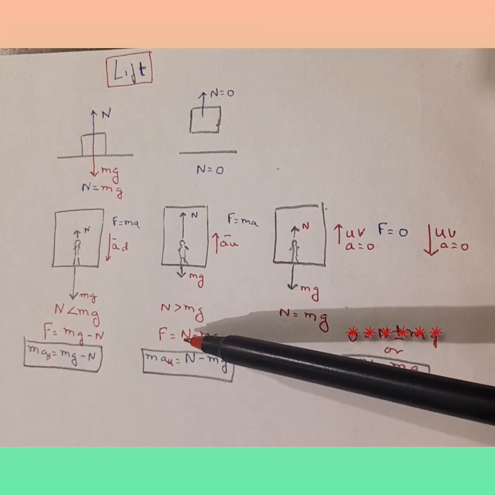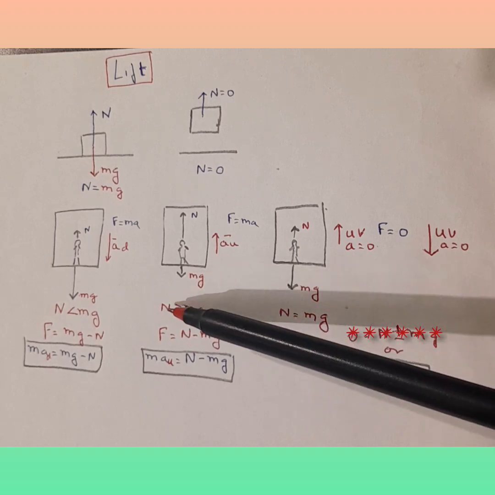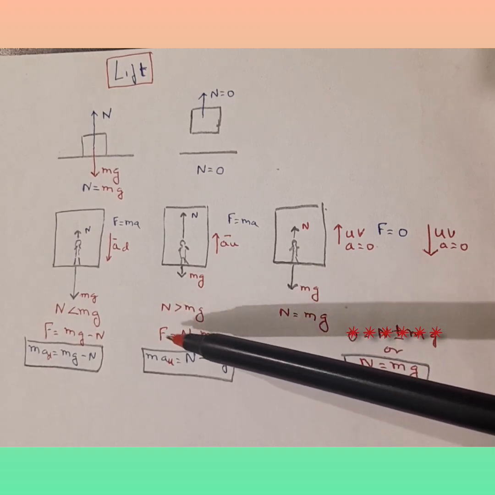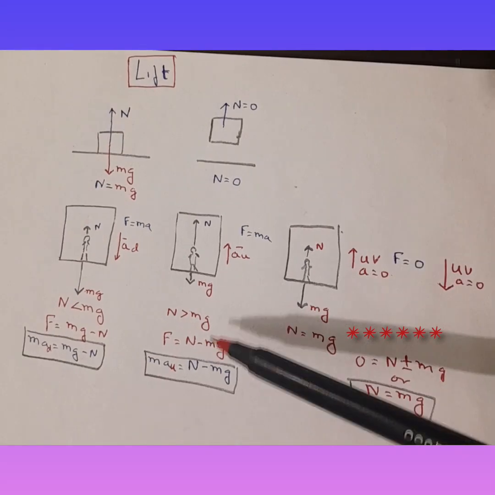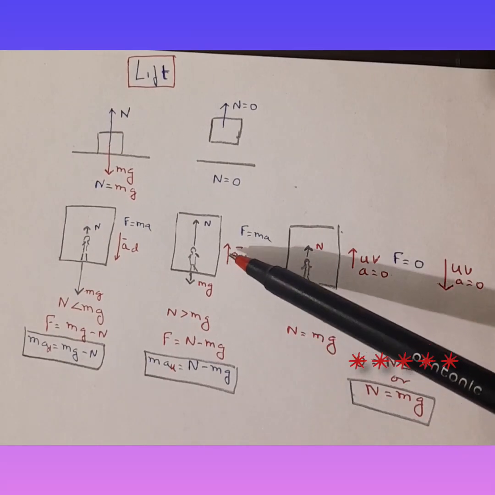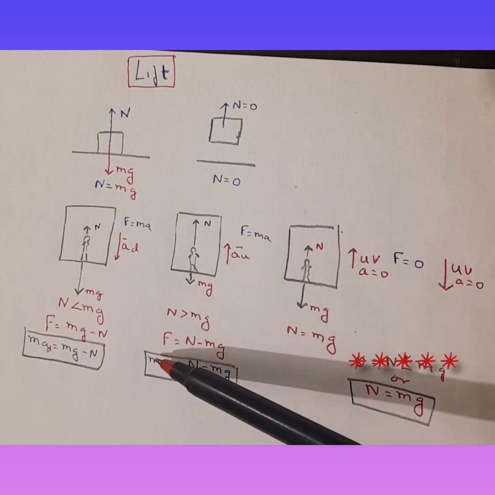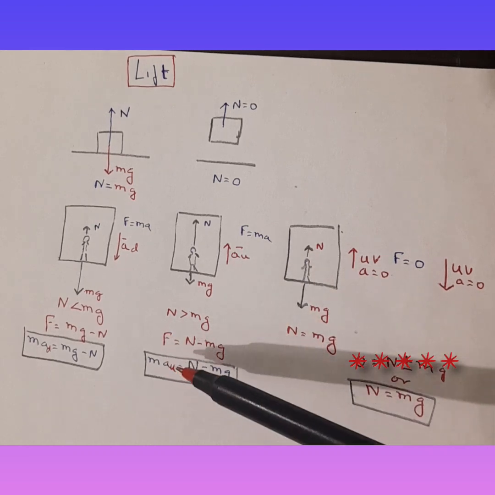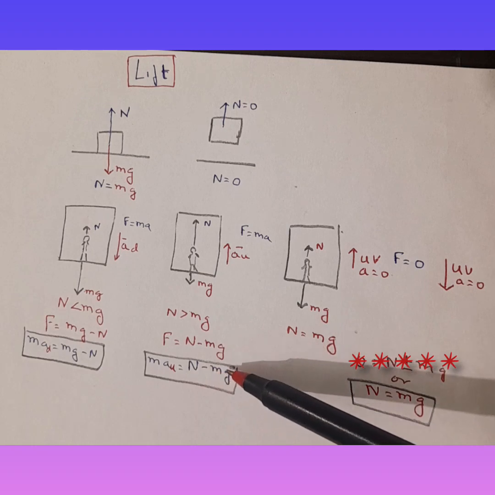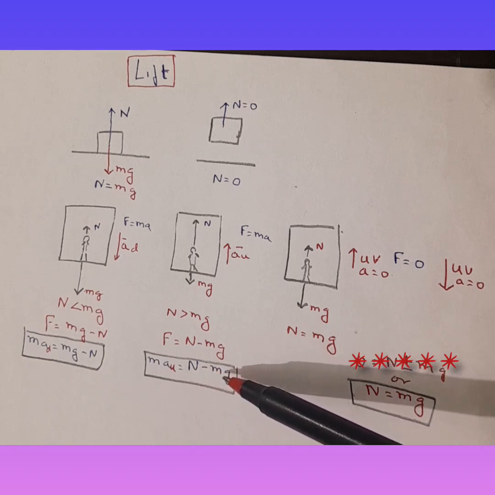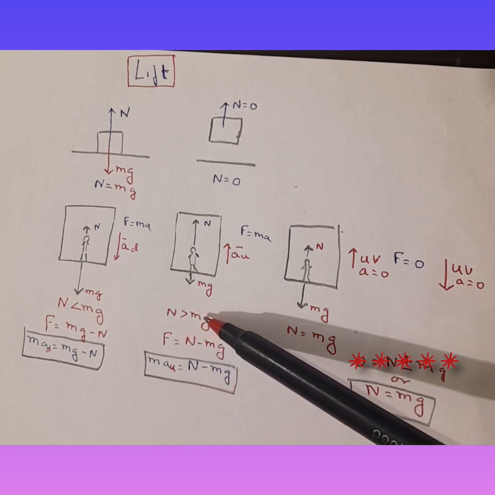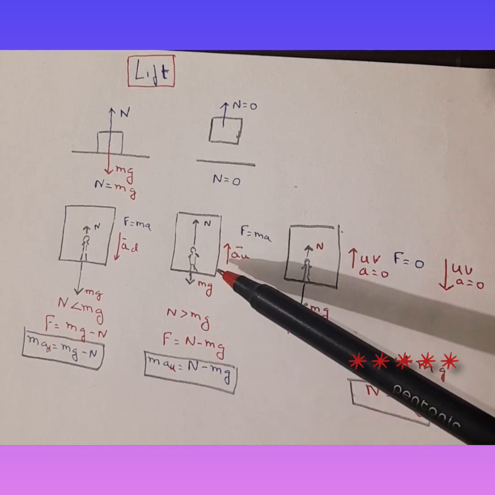So now the equation would be N minus mg, because N is superior. So F is equal to N minus mg. Since the lift is moving upwards, acceleration is upwards. So ma upwards is equal to N minus mg, because N is superior to mg in this situation.